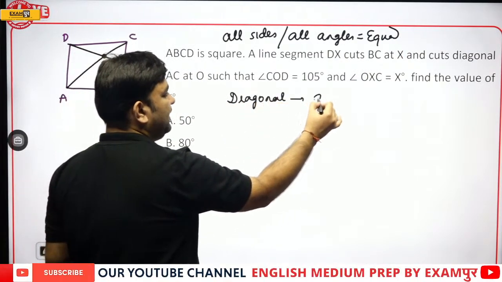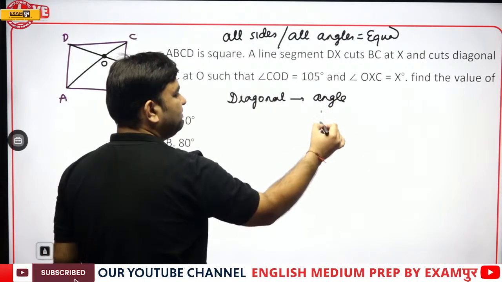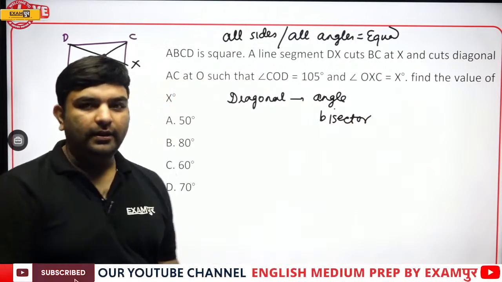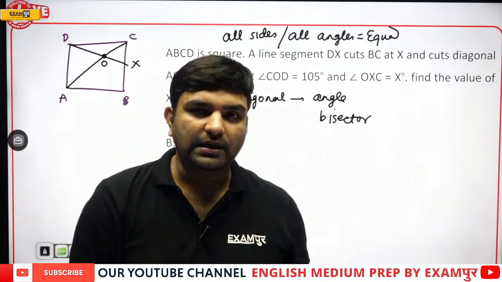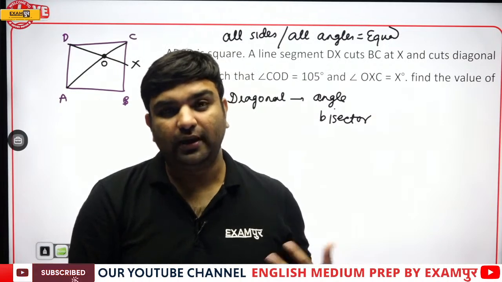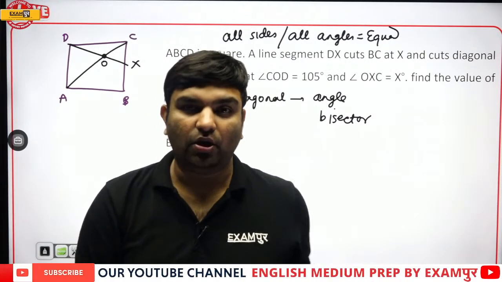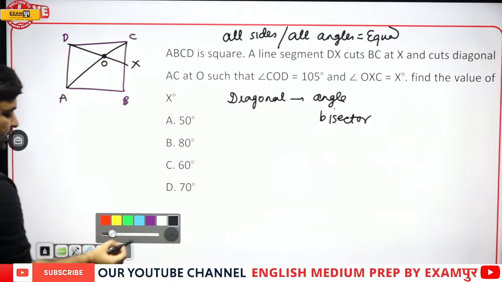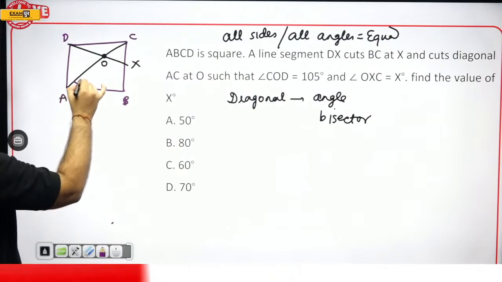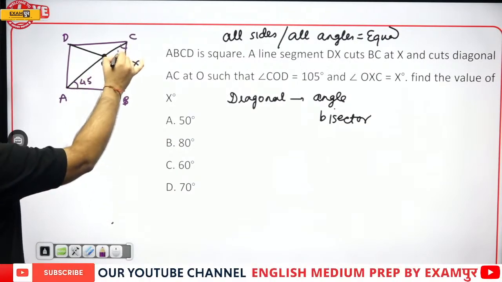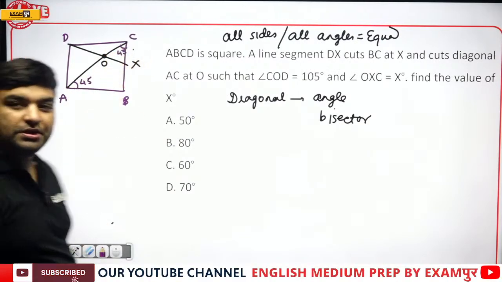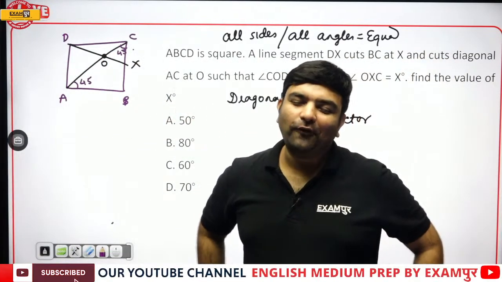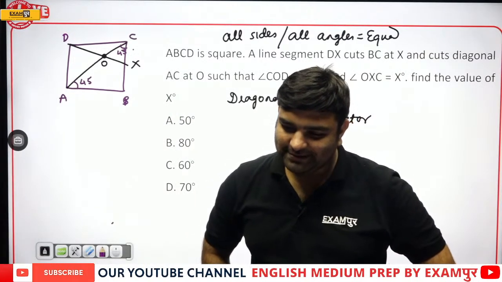As in an equilateral triangle, you might remember, the altitude, the height, the angle bisector, the median are all the same. So here as well, this diagonal is the angle bisector. So 45, 45. Question is over, guys.